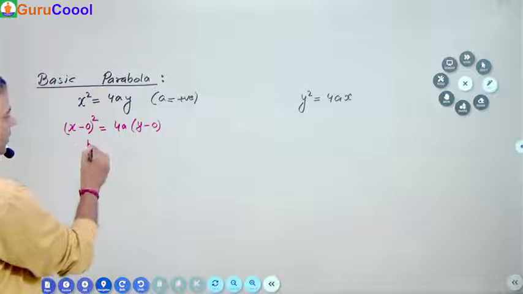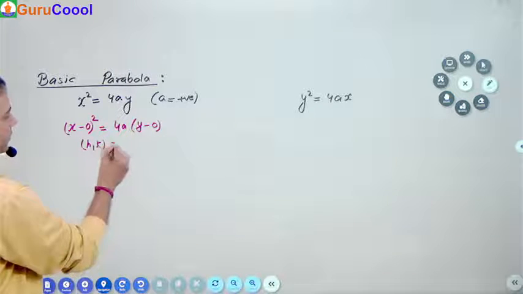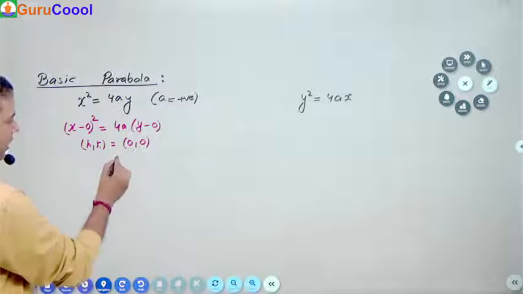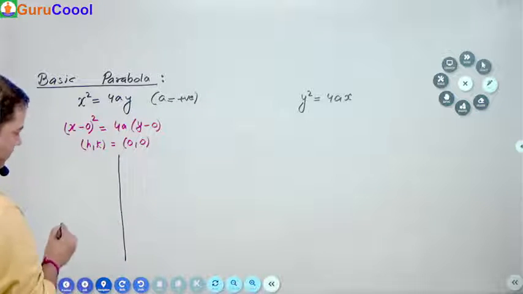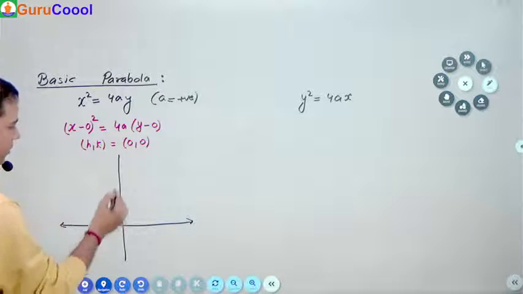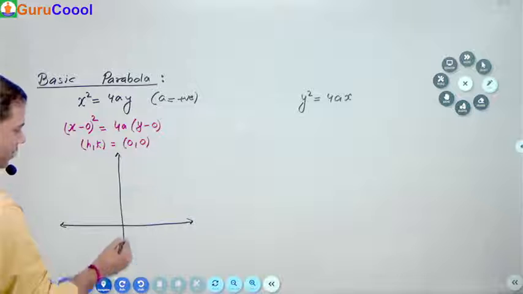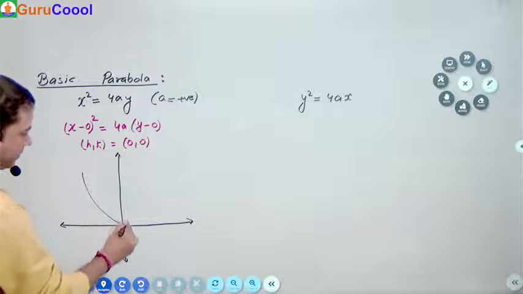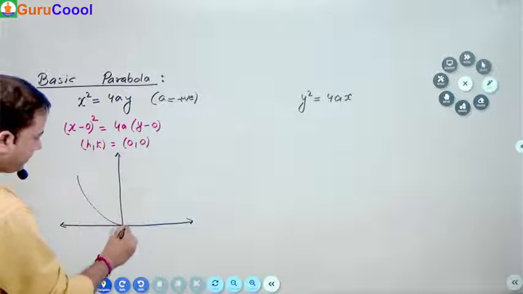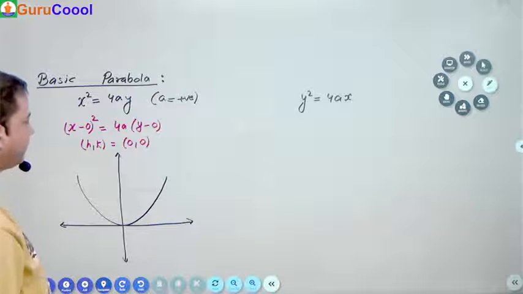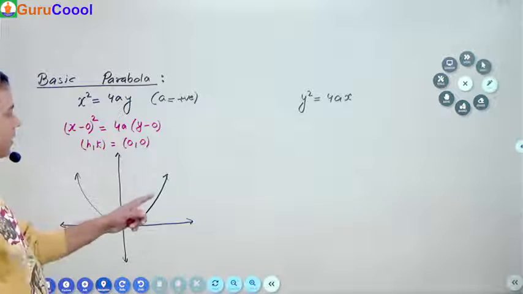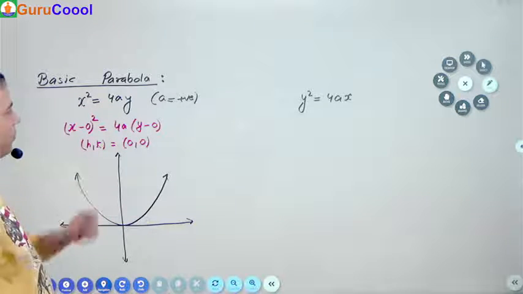So h comma k, the vertex is going to be 0, 0. So the parabola is having vertex at origin and opening up. This is the graph of x square is equal to 4ay.